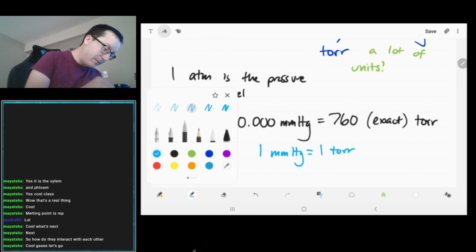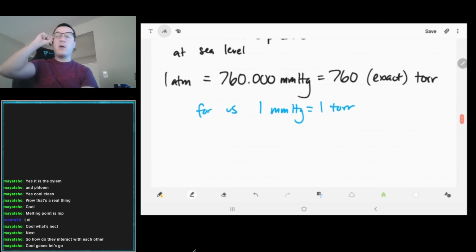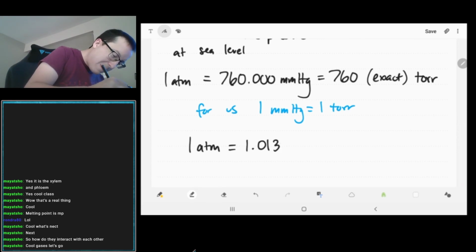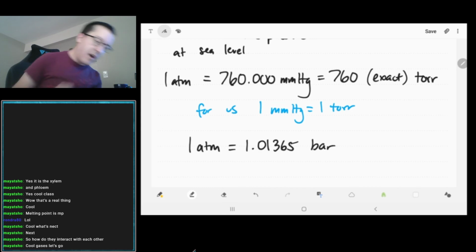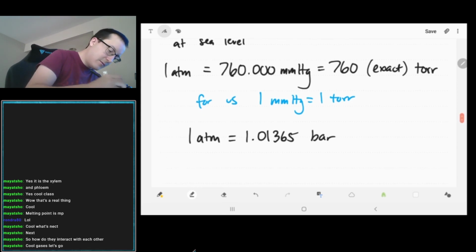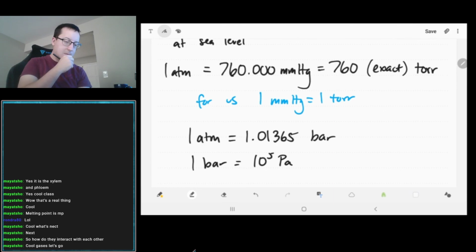However, a bar is actually a pretty common unit now. So this is a more formal unit. A bar is 10 to the 5th pascals. You will not need to memorize these.